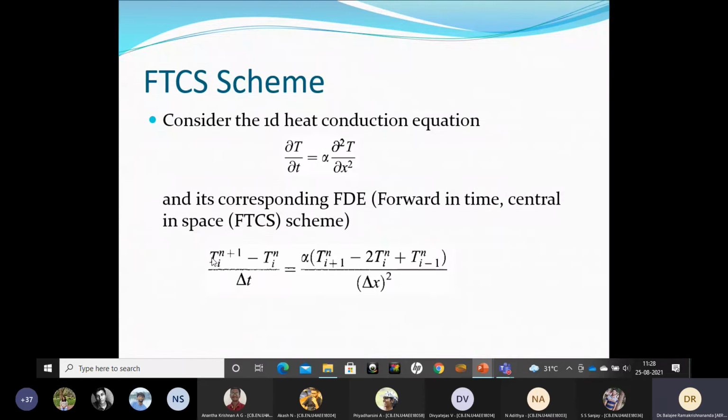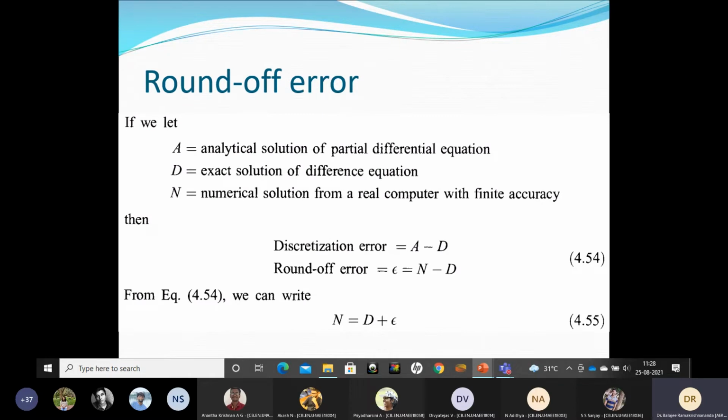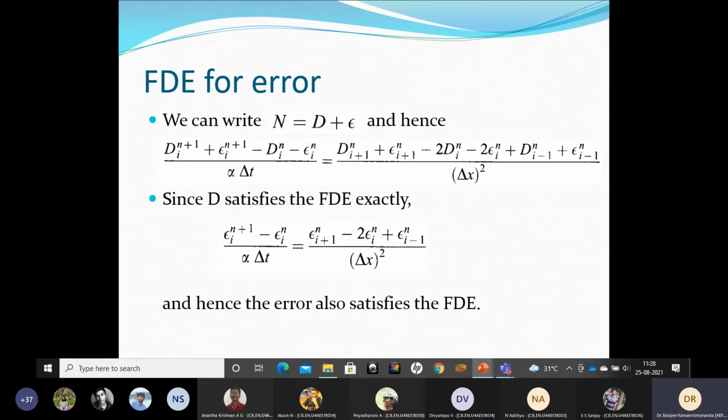N is what you finally get with the computer. So on the left hand side, substitute everywhere D plus epsilon for N, the numerical solution at every point. So you will get this equation finally.